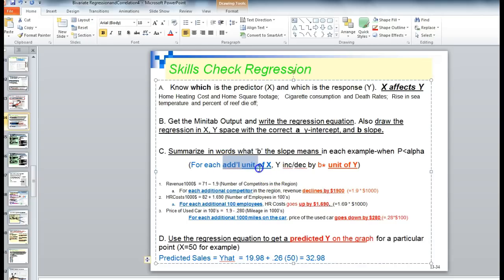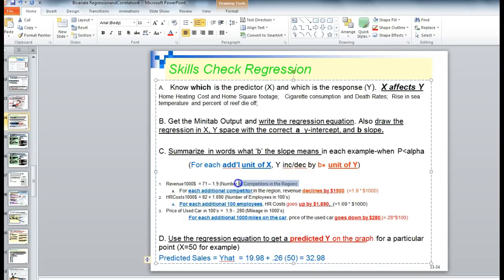Here, for each additional unit of x, well, if x is in tens, then you would say for each additional 10 units of x. And then here, the unit of y, we have to multiply beta times the units of y. And if the units of y are in thousands, then that has to be $1,000 or 1,000 units of whatever it is. So don't drop the units.